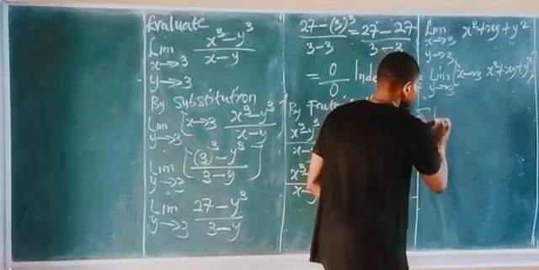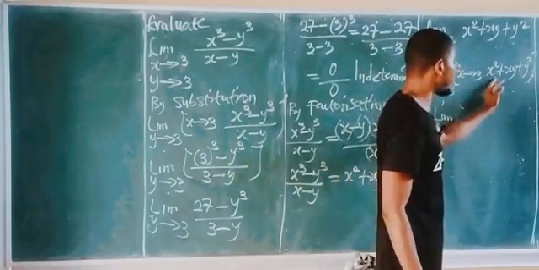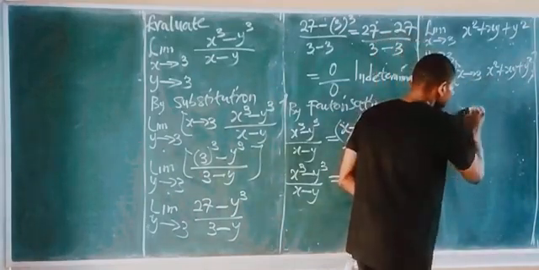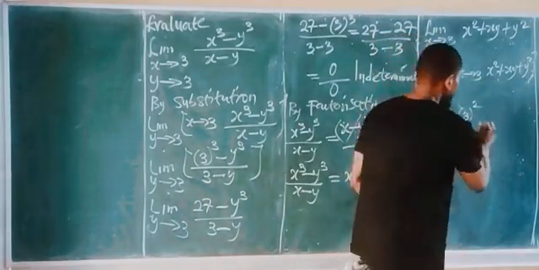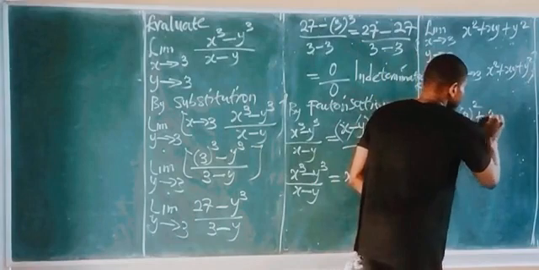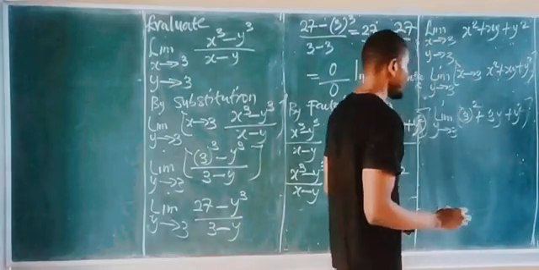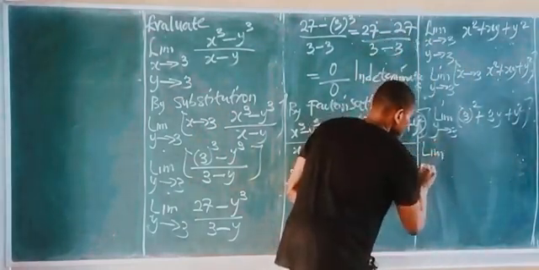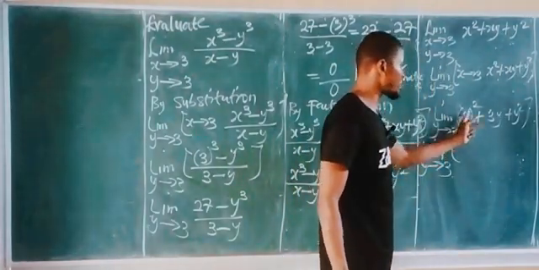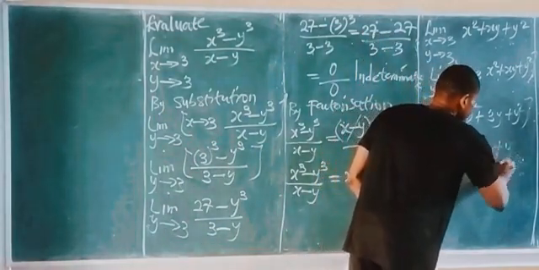So x squared becomes 3 all squared, plus xy becomes 3y, plus y squared. So I simply have 9 plus 3y plus y squared.